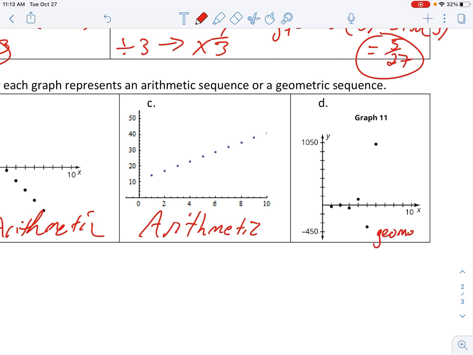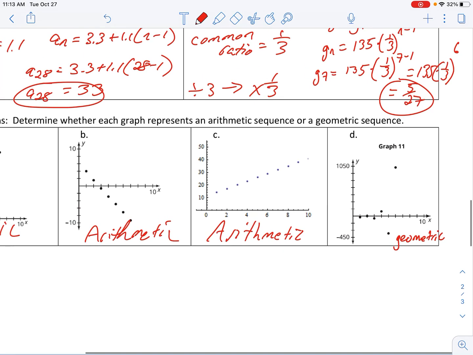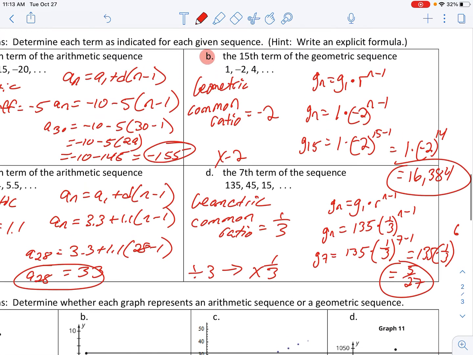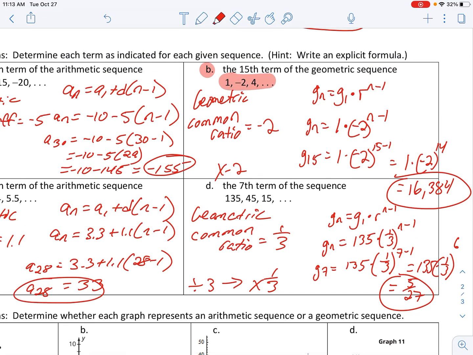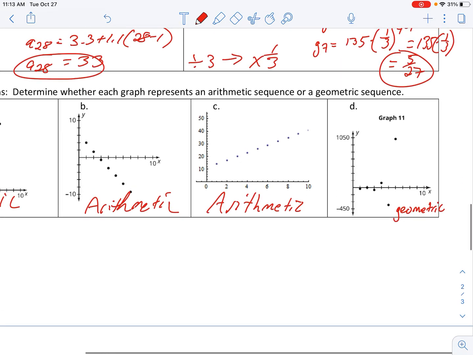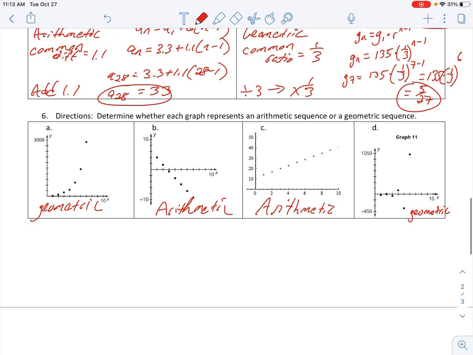When we've looked at this before in our notes, it is very similar to what we would have done here, where you go from positive to negative, positive to negative. You're multiplying by a common ratio of -2. Because that's happening, that's where you're getting this graph to occur, like on letter D. So that's a geometric sequence.